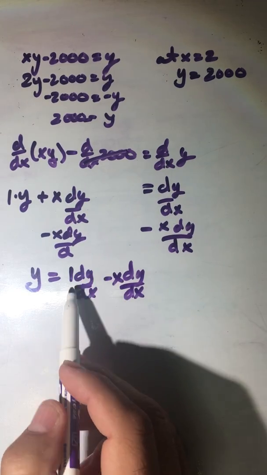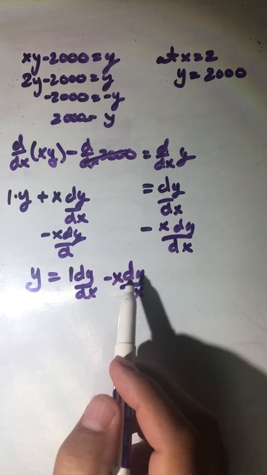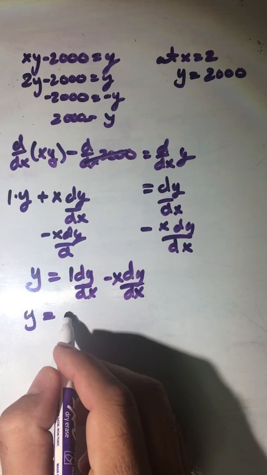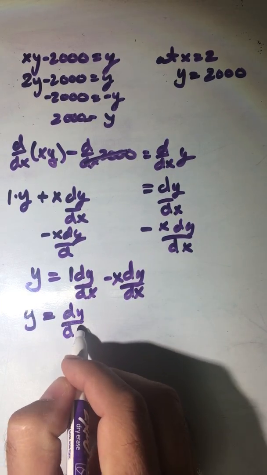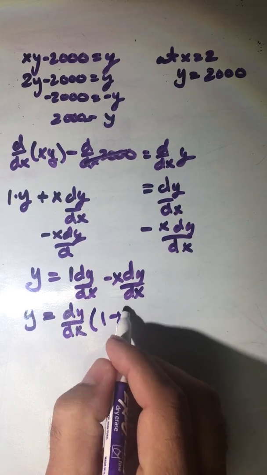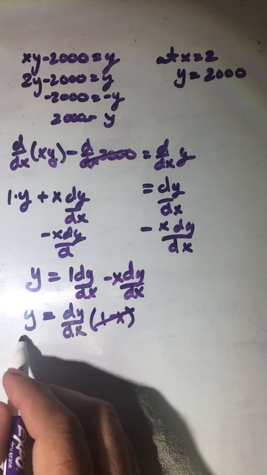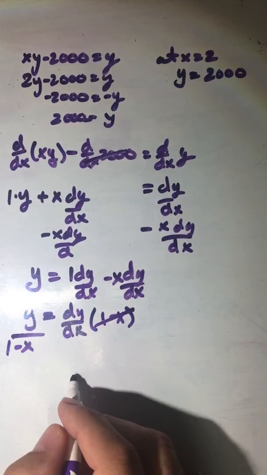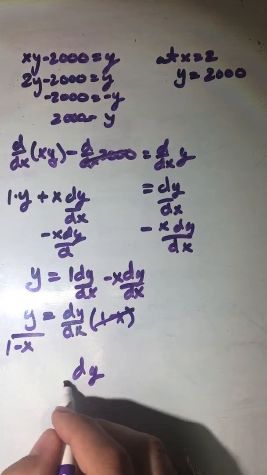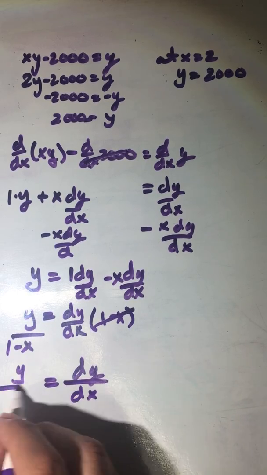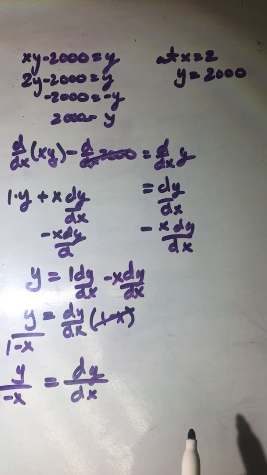And now remember, we just treat this dy dx kind of like it's a variable, so we just factor it out. So I get y equals dy dx times 1 minus x. And I can divide out the 1 minus x, and there's the slope of the tangent. So I've got dy dx equals y divided by 1 minus x.